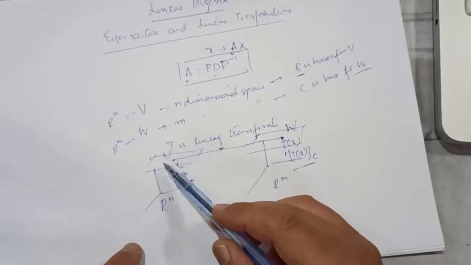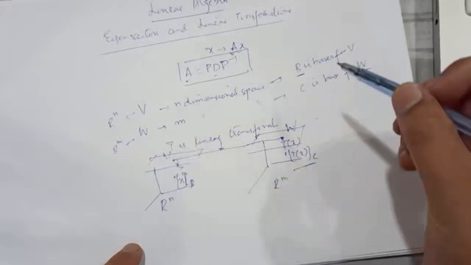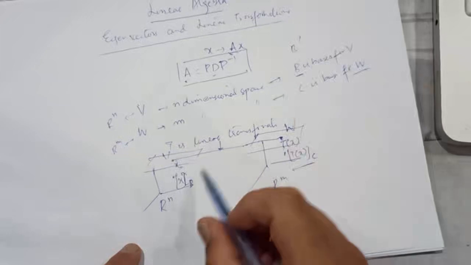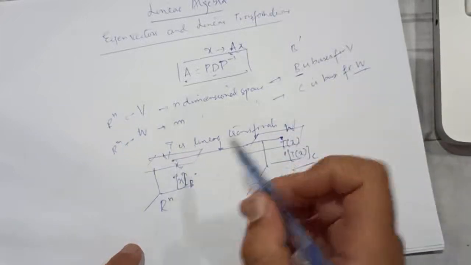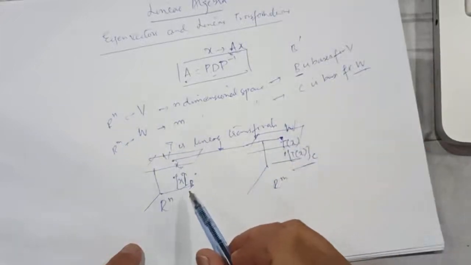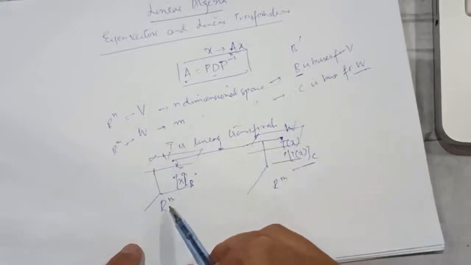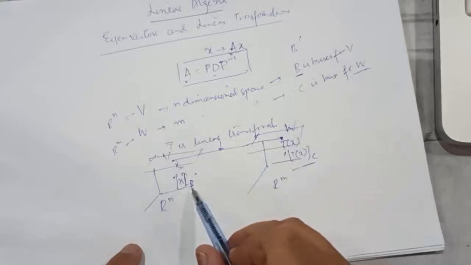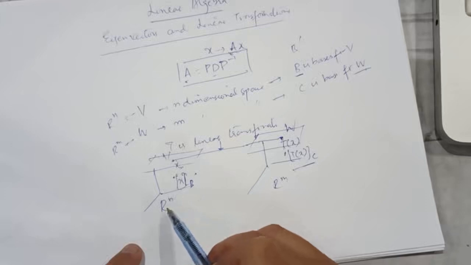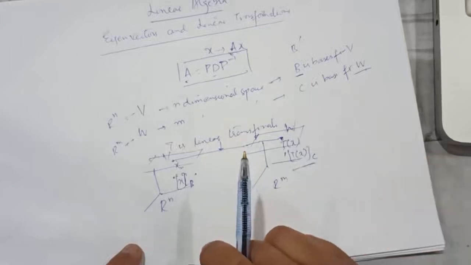Since you can have multiple bases for the vector space V, if there is another basis B prime, then this X can be represented in terms of B prime, and we have already seen how we carry out change of bases, right?